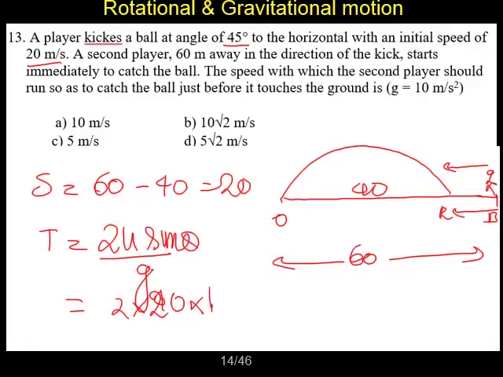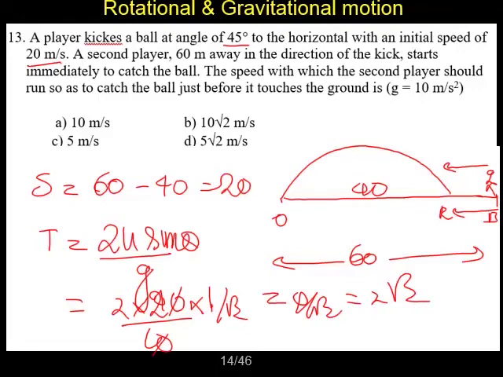Sine 45 is 1 by root 2, by g is 10. So it is 4 by root 2, or we can say 4 by root 2 is the answer, and 2 root 2 is the time taken. So time taken is 2 root 2.